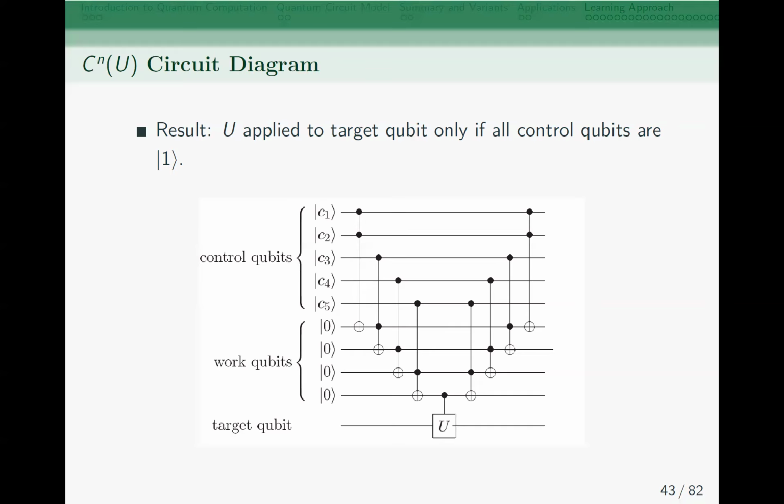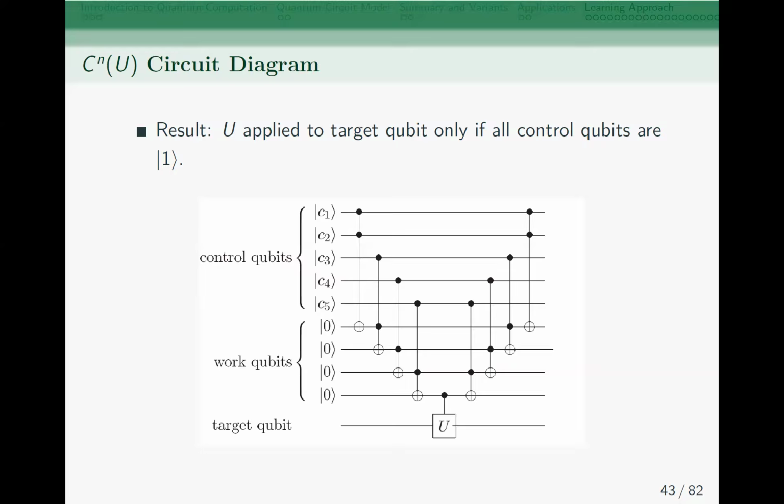But let's say this guy. So I'm going to do the reverse. Let's say U is applied. So this guy is 1. If this guy is 1 but this guy is 0, that means this top gate has been activated.